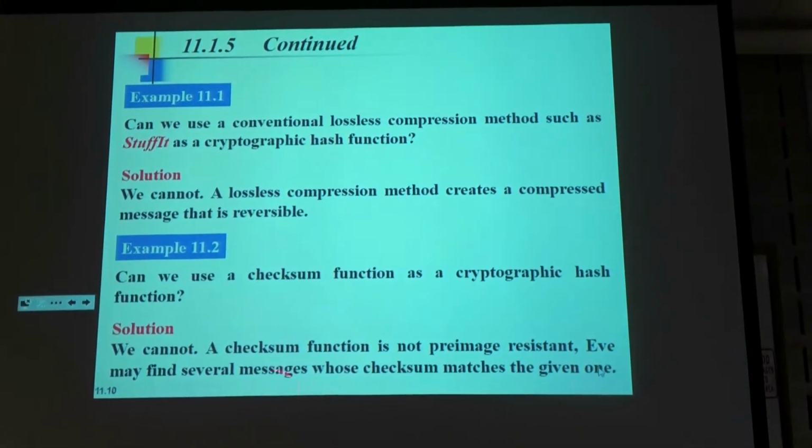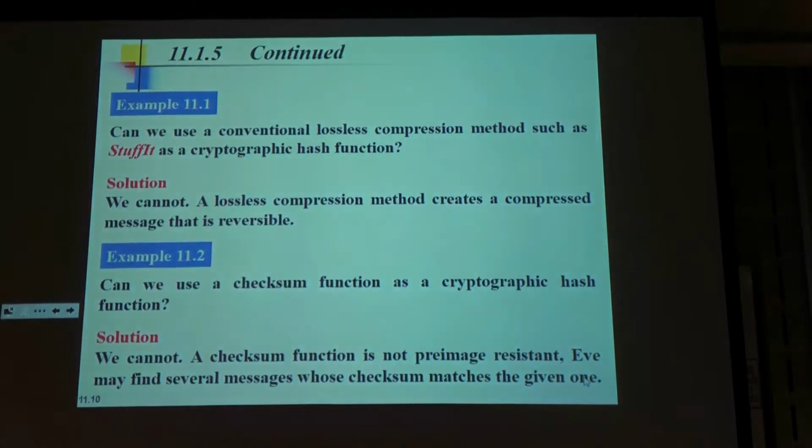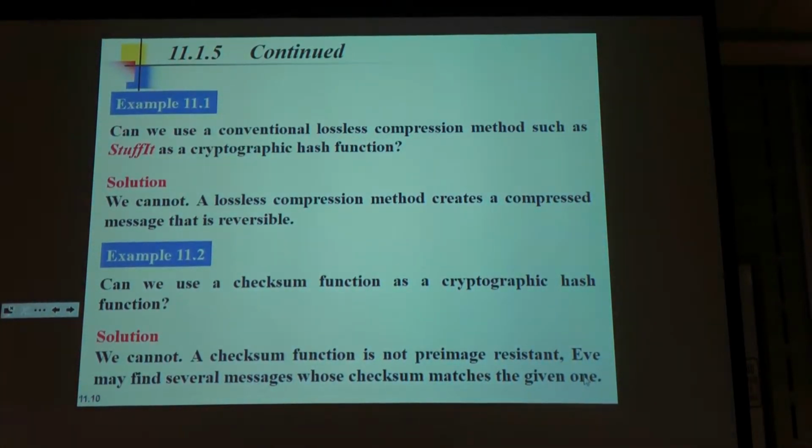Eve may find several messages whose checksum matches the given one. So you could have message 1, message 2, message 3, message 4, all of them giving the same checksum. So it's not preimage resistant, which means multiple messages could give the same hash. So it cannot be used.